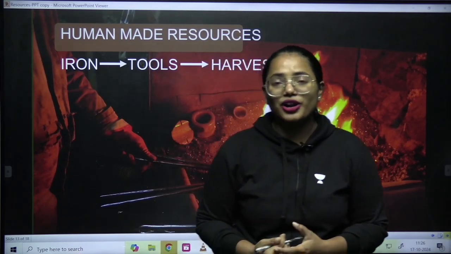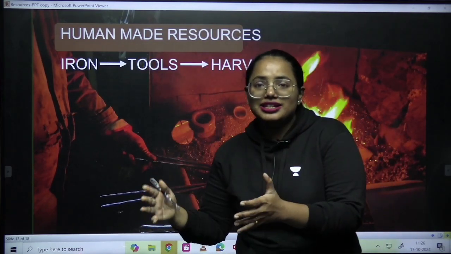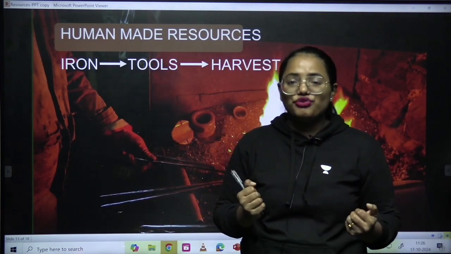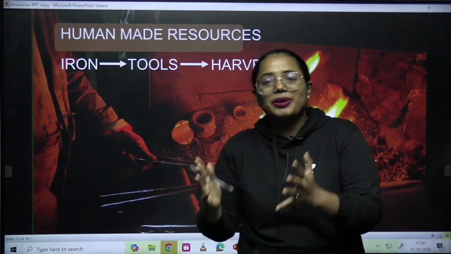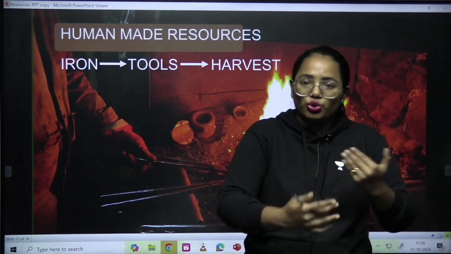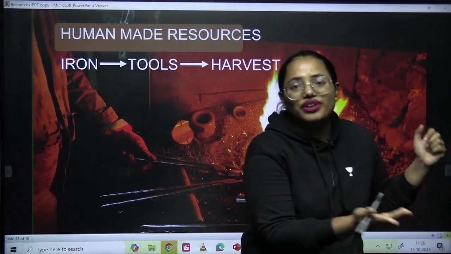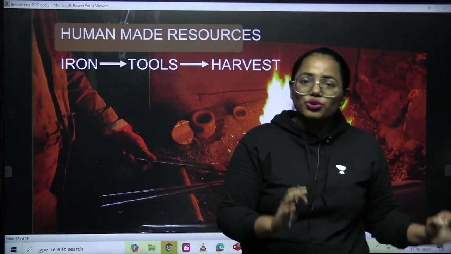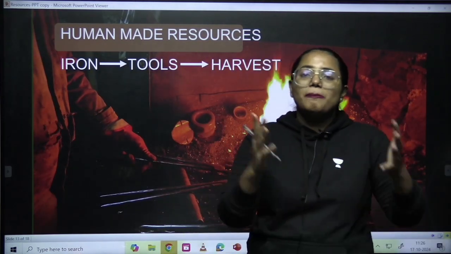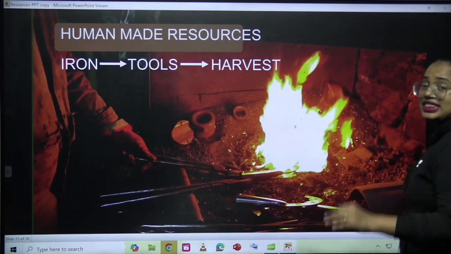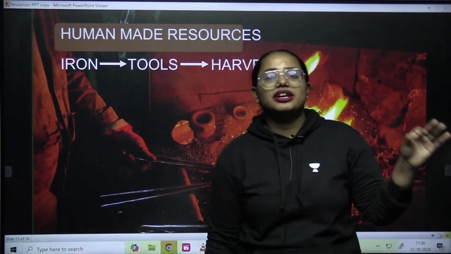Oh, that's also an important point, right? So iron is a metal that is obtained naturally from earth, and this can be utilized to make tools. So these tools can be used to harvest. So we are using natural things to make some other things, and this is nothing but human-made resources.